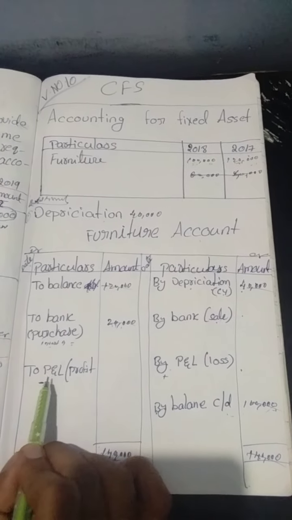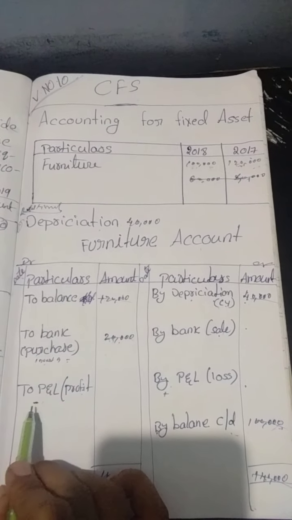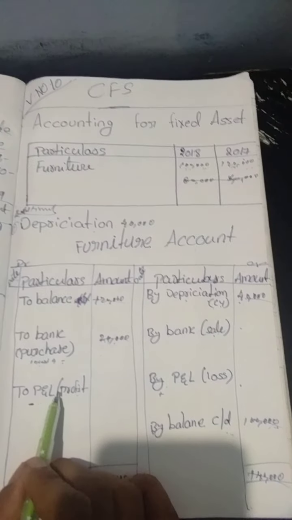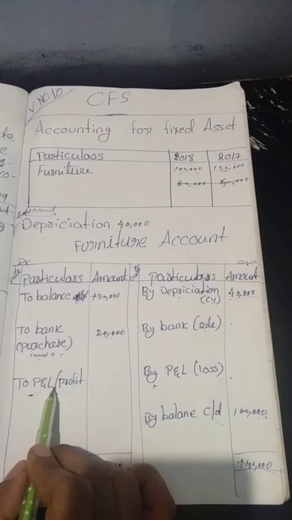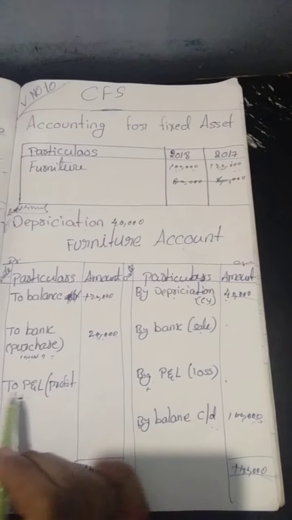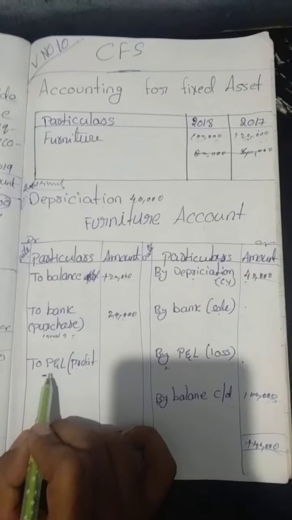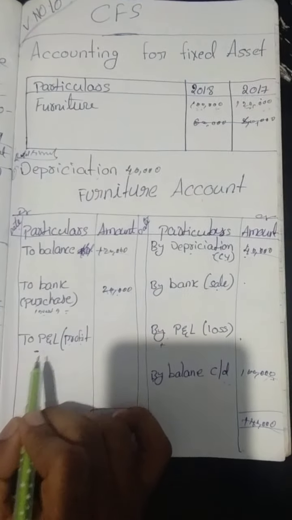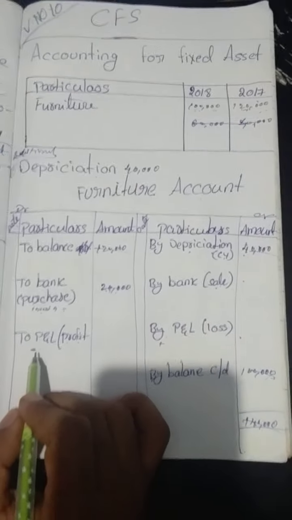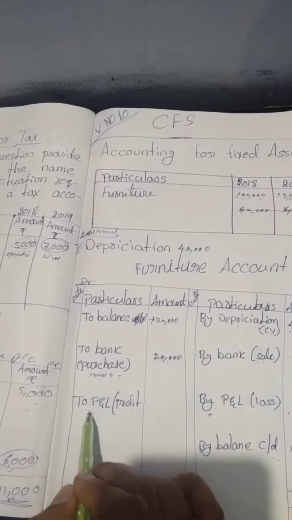And if there is profit in the P&L account, we have to consider this in two places. One is that this amount will be shown with the sold items, and the profit we got, we have to reduce from the operating activity, before the working capital change. I hope you understand this too.